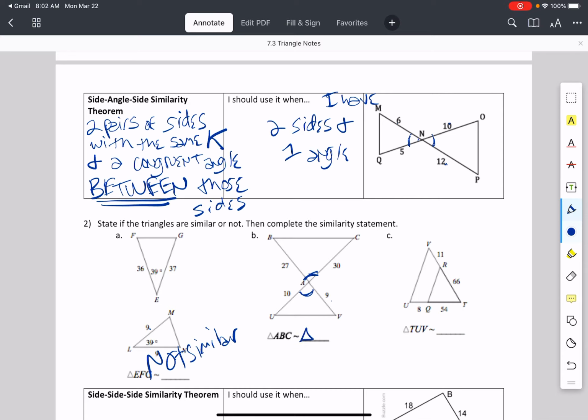So angle A is the same as angle A, that one's easy. I said 9 times 3 is 27, and 10 times 3 is 30.